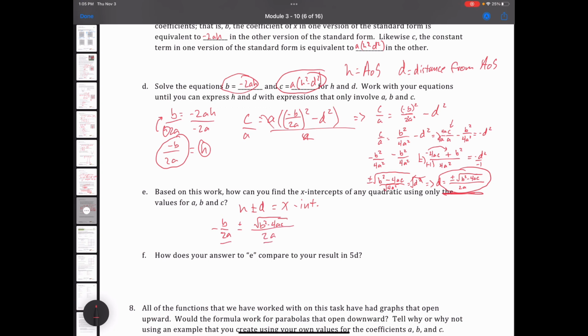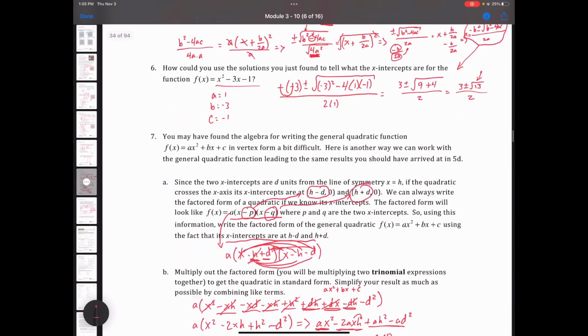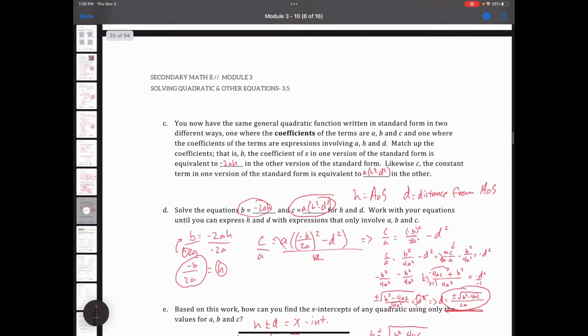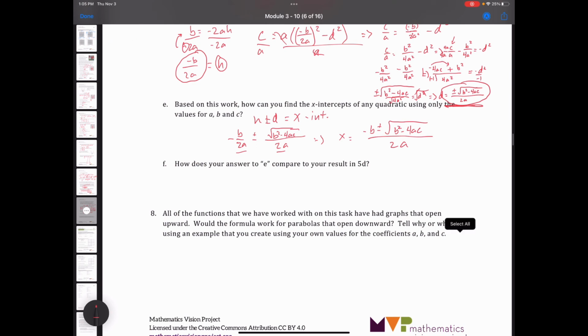They're all over the same denominator, so I can say x is equal to negative b plus or minus the square root of b squared minus 4ac all over 2a, just like that. Now, how does our answer in E compare to 5D? Well, it's identical. It's the same answer as in 5D.